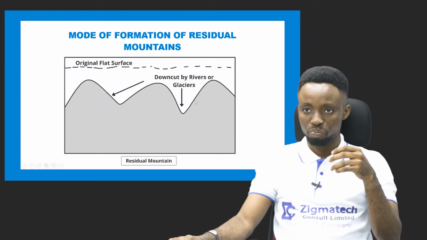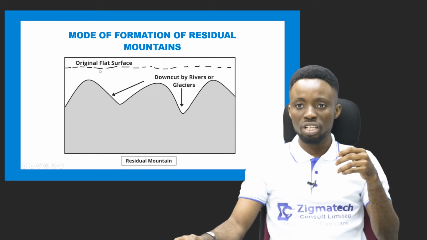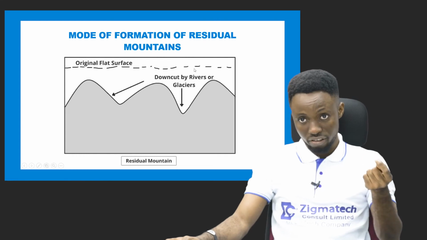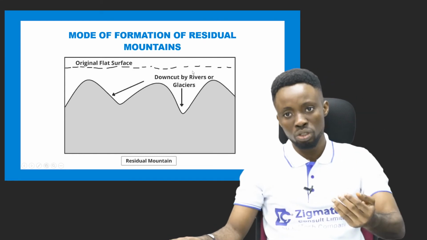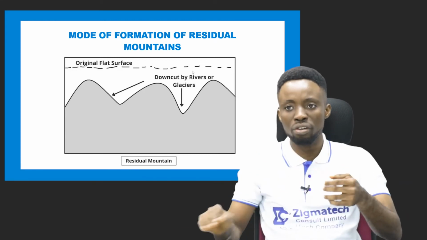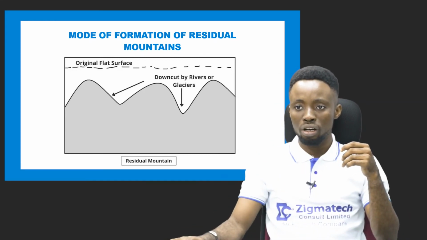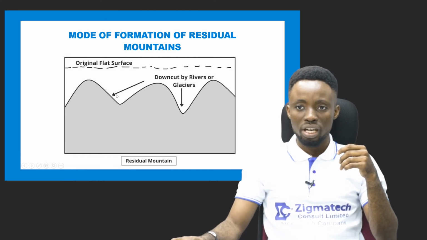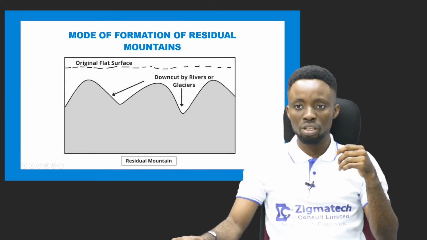As you can see here, we have the original surface of the mountain up here. Then after a series of downcutting by the erosive action of the river, we'll have a depression down here, and we'll have a slope down here.